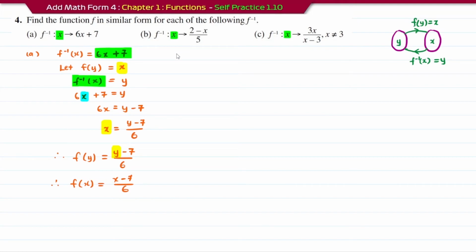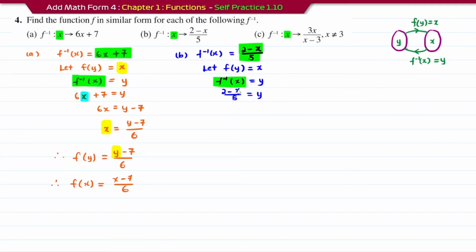Now we're going to move to b. So the inverse f of x is equal to 2 minus x over 5. So first, let the f of y equal to x. Therefore, the inverse f of x is equal to y. So the inverse f of x is equal to 2 minus x over 5.